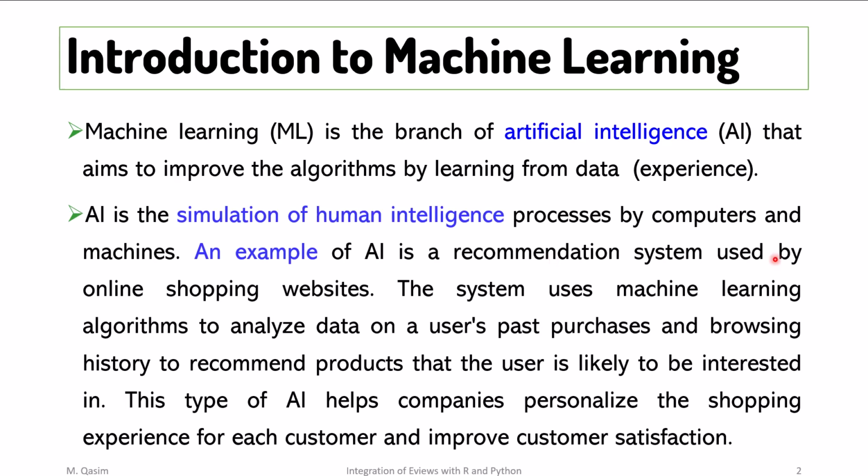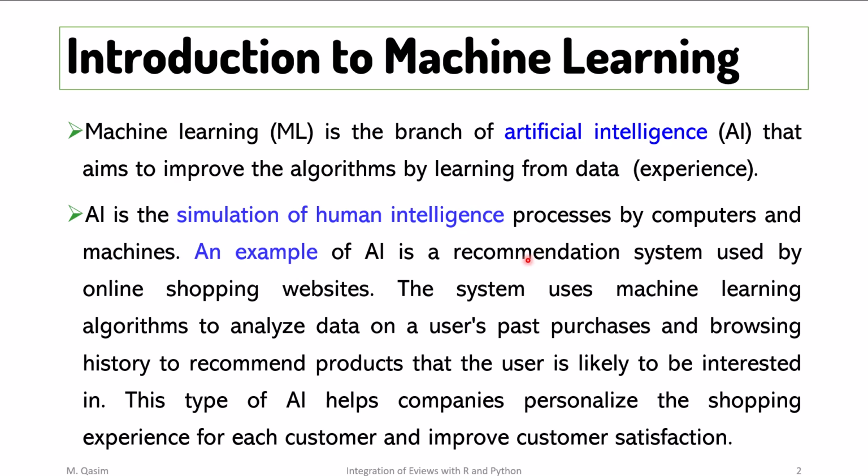Artificial intelligence is the simulation of human intelligence processed by computers and machines. For example, let's consider an example of spam email filtering. Artificial intelligence algorithms can analyze incoming emails and identify spam messages based on various patterns, keywords, and historical data.